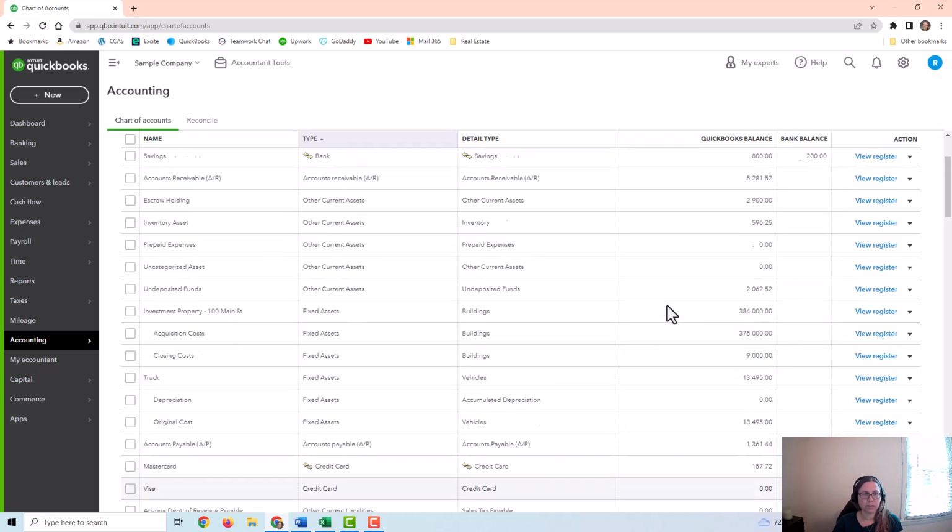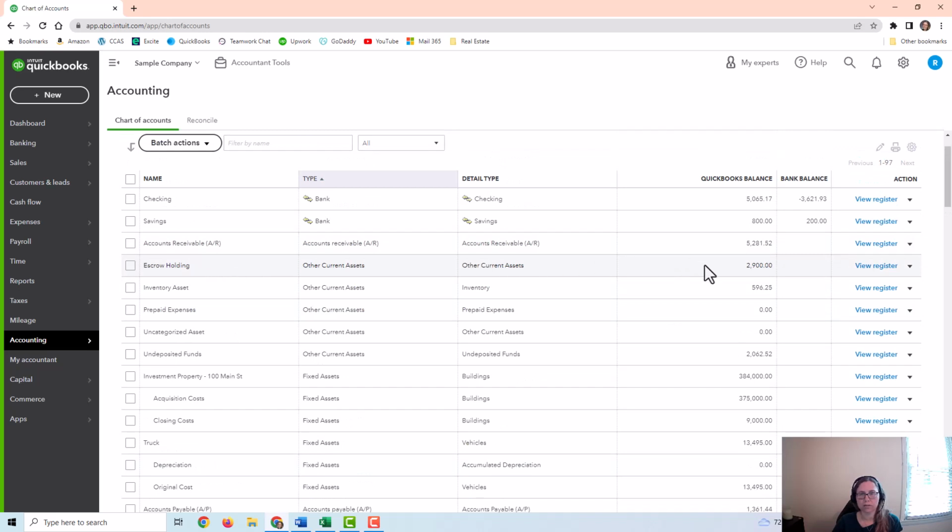And then I also set up an escrow holding account. Most of the time when you have a mortgage, you will give money to the mortgage provider every month, or the mortgager, I don't know which one it is, but you're going to give them money every month towards your taxes and insurance.